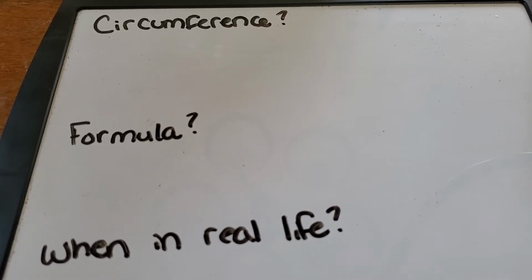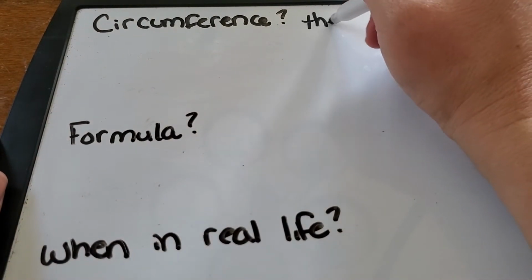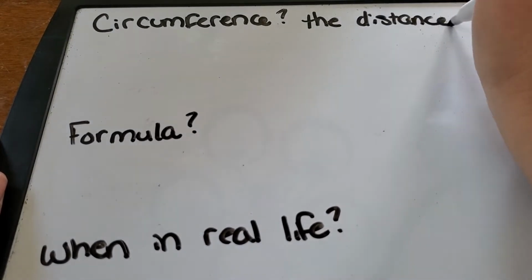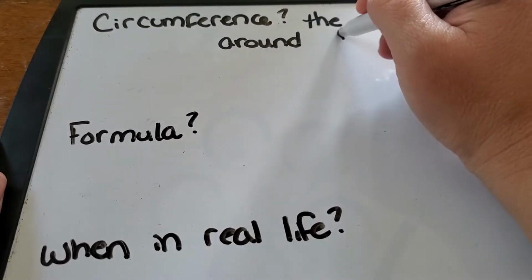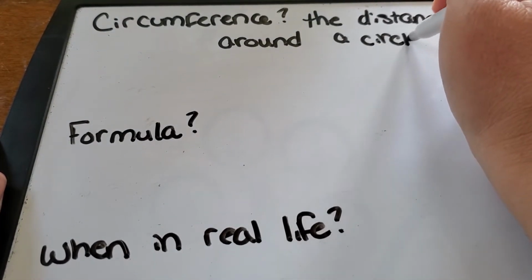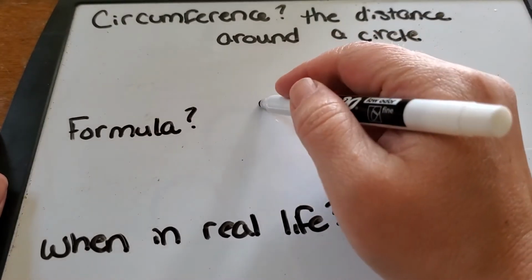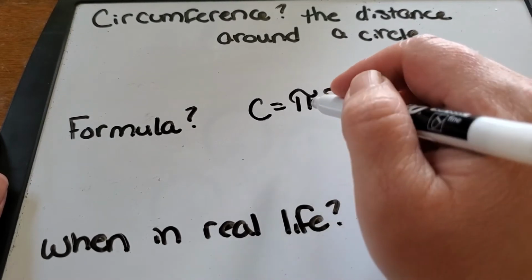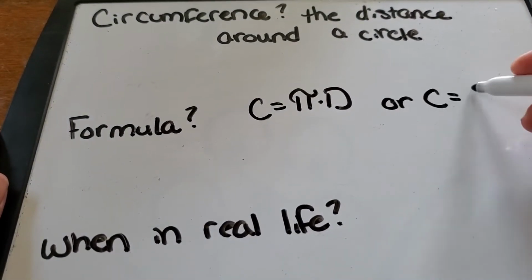Okay, so the circumference, hopefully you said, is the distance around a circle. The formula for circumference equals pi times diameter, or if you prefer, circumference equals 2 times pi times radius.